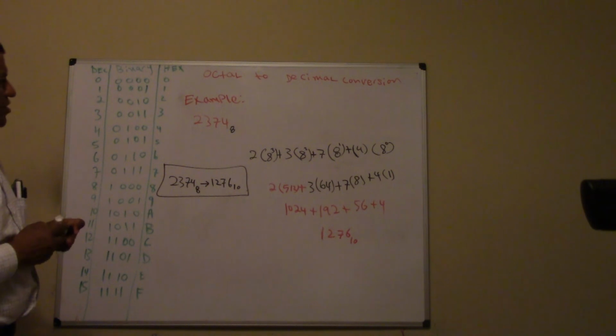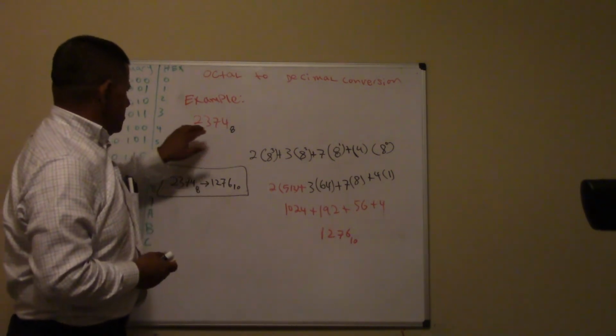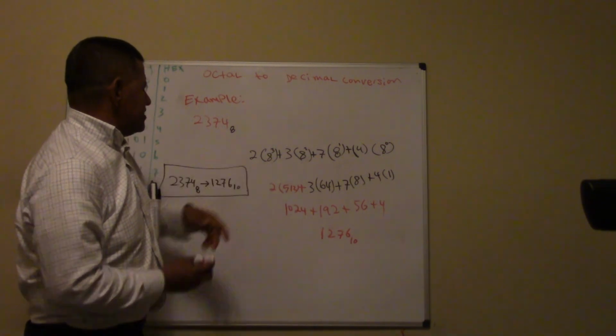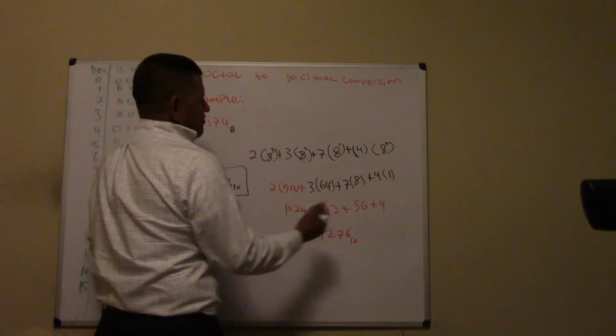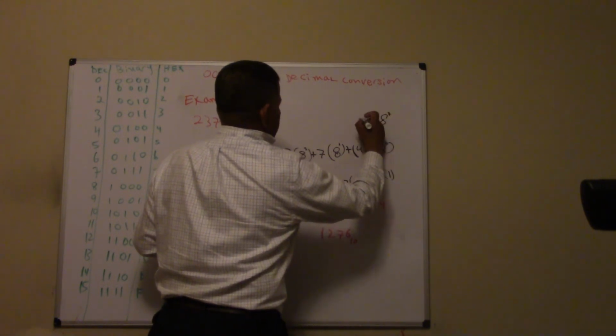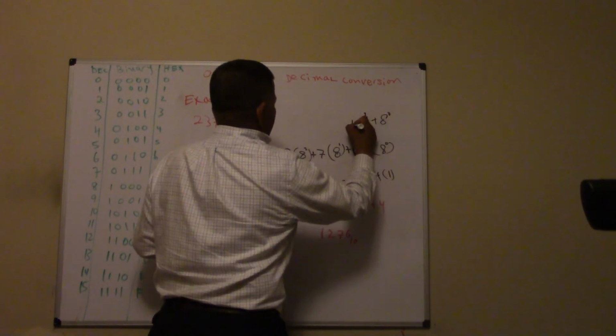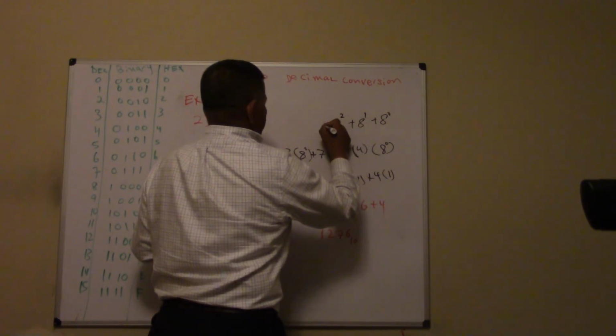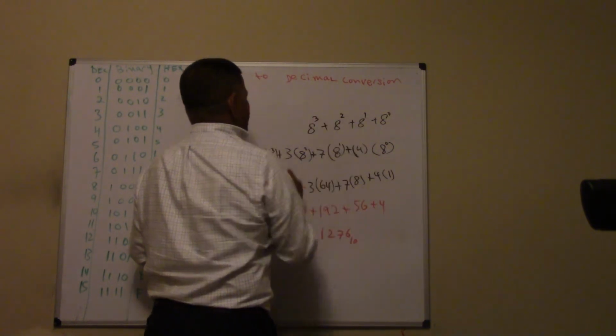So we took a number in base 8, and we figured out the weights. I want to make sure: 8 to the 0 power, plus 8 to the 1 power, plus 8 to the second power, plus 8 to the third power.